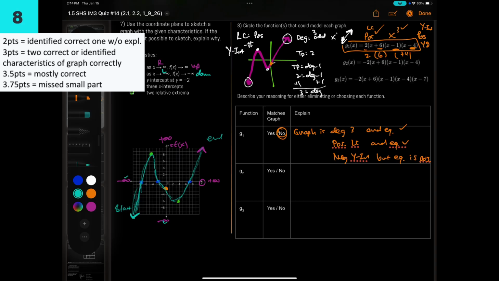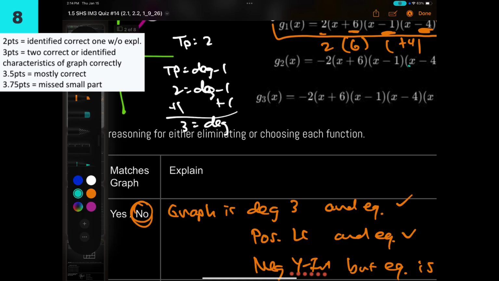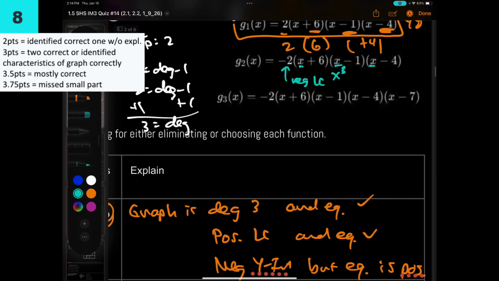Let's try G2. G2 is also a third degree. That says negative leading coefficient, and then if you multiply these numbers, -2 times 6, -12, positive 12, -48.